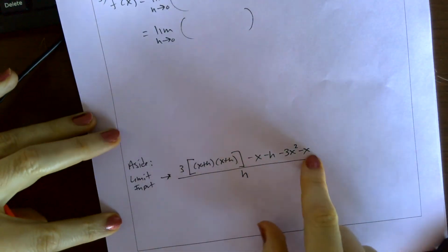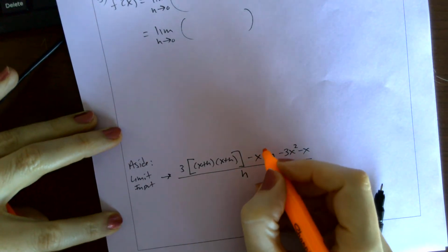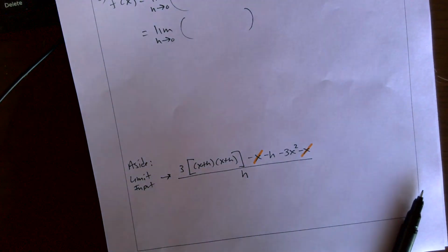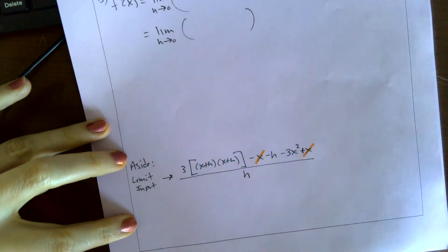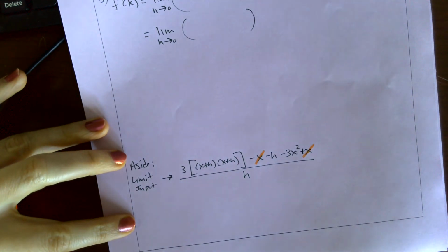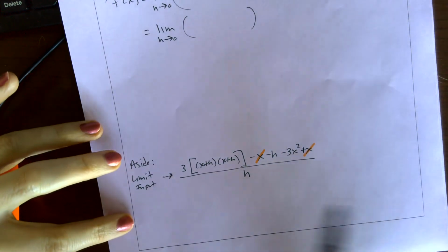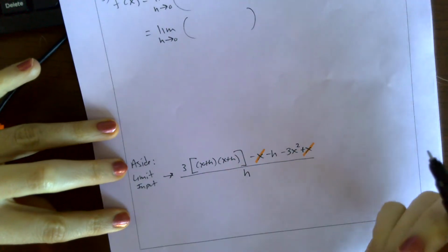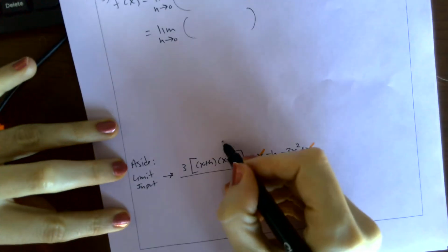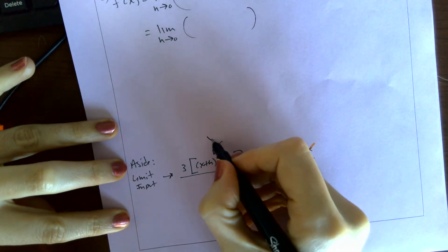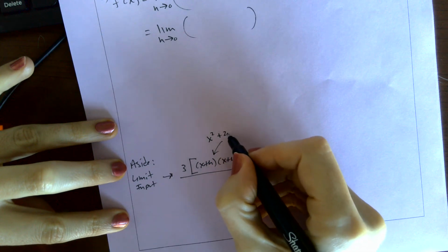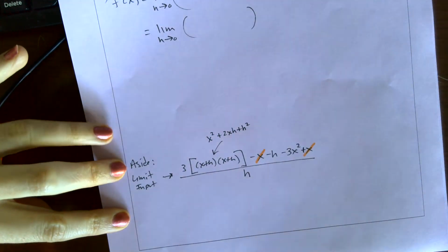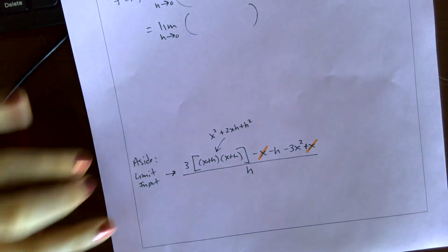This minus x and that minus x cancel. No, this should be a plus x. My bad, because I had to distribute the negative, so it'd be plus x. So now they cancel. And on the inside here, that is x squared plus 2xh plus h squared. That's what that ends up being.